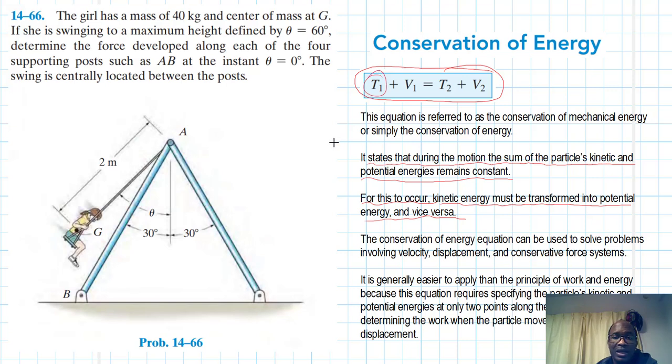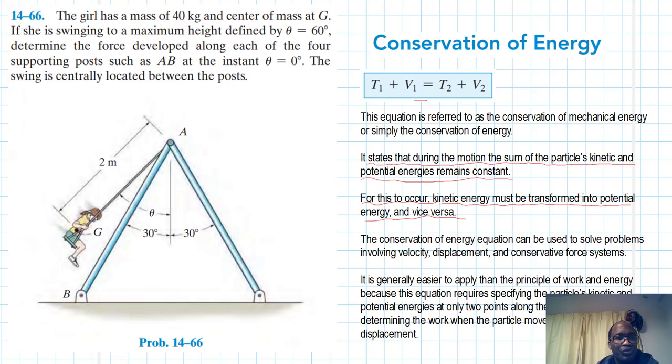T is the kinetic energy and V is the potential energy. So we have both gravitational potential energy and elastic potential energy, right?